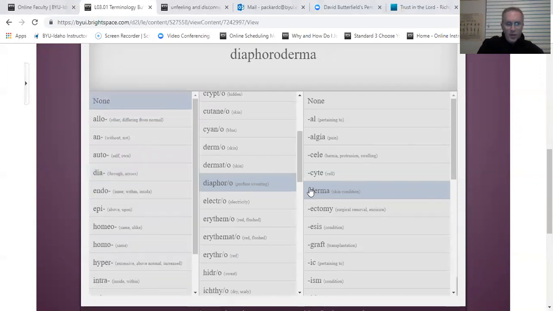Let's go down here. Let's start with a combining form this time. Let's start with erythemato. Okay, this erythematoderma would be a reddening of the skin.